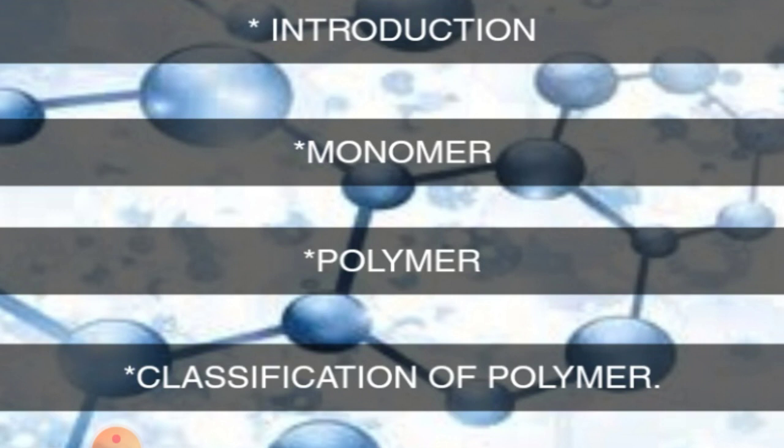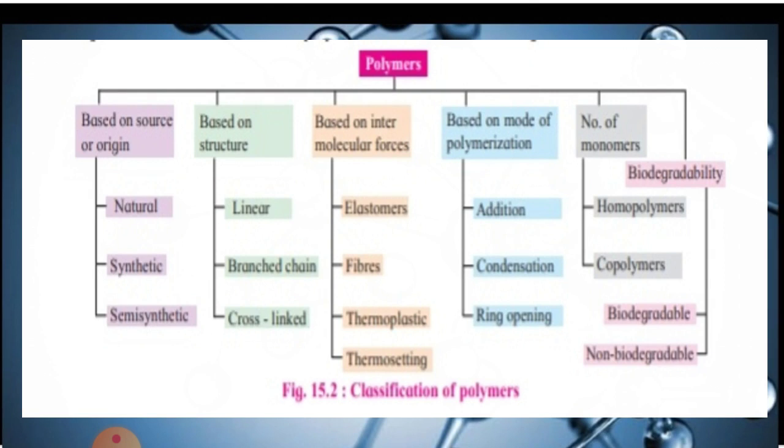Then we have studied classification of polymer. In classification based on source or origin, we have natural, and in natural again plant and animal, then synthetic polymer and semi-synthetic polymer.